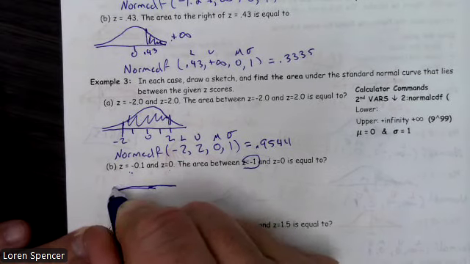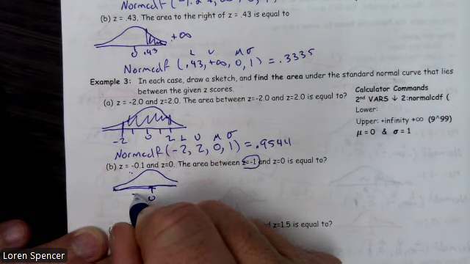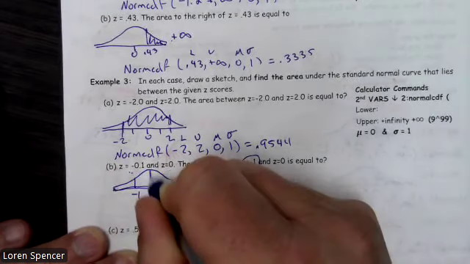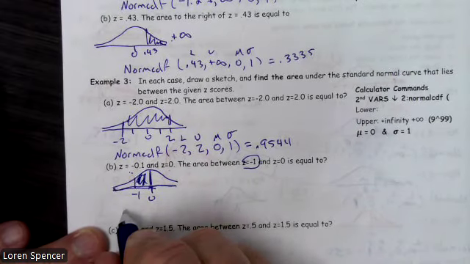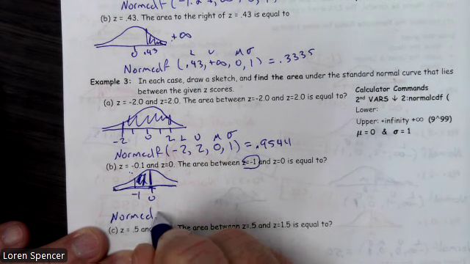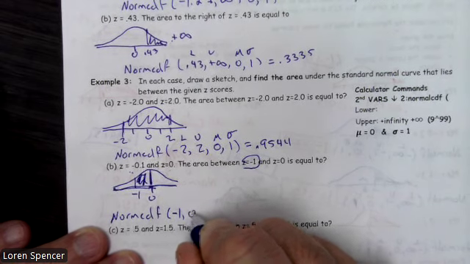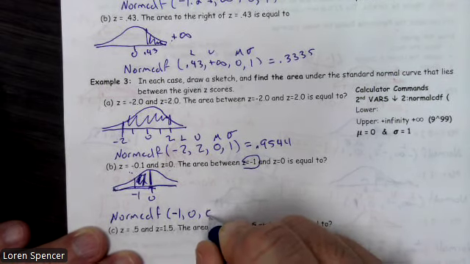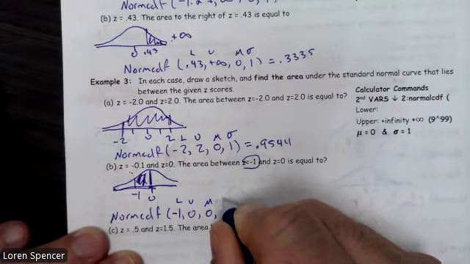So if we're centered at 0 and we go to -1, we're looking for this area in this case. So we're looking for a norm CDF, lower bound -1, upper bound 0, mean is 0, standard deviation is 1. This is lower, this is upper, this is mean, this is 1.